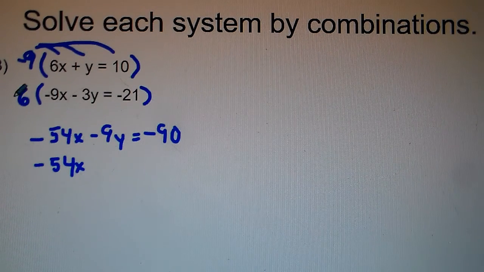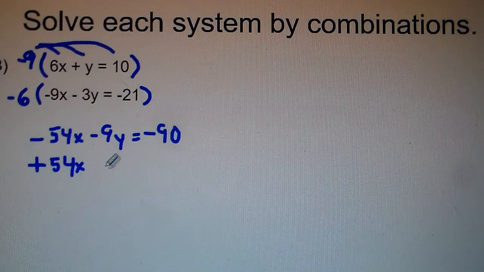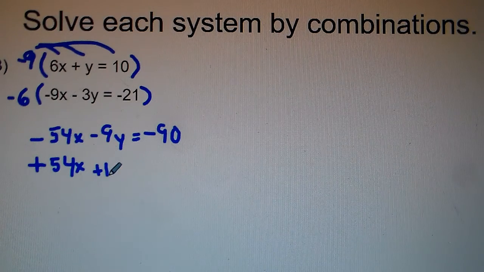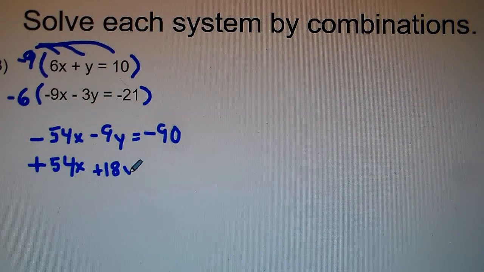So we have to change this into 3 negatives and 1 positive, or 3 positives and 1 negative. I'm just going to change that to a negative 6. So negative 6 times negative 9 gets us a positive 54x. Negative 6 times negative 3y gets us plus 18y. And negative 6 times negative 21 gets you 126.